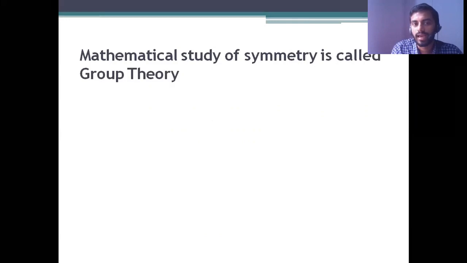And from the earlier definition, we know that it is the mathematical study of symmetry.